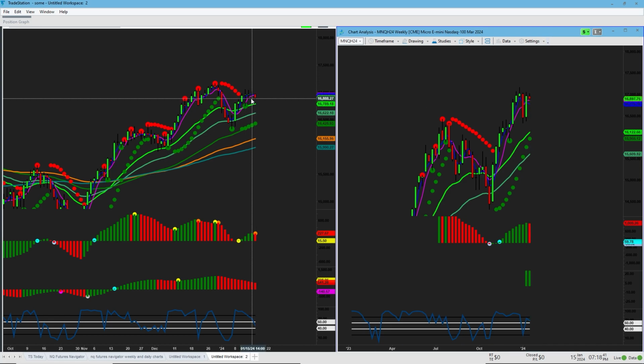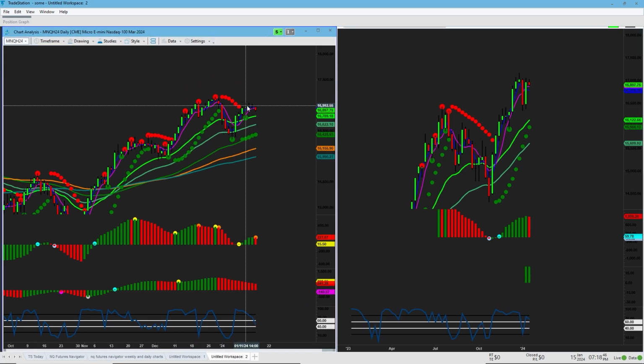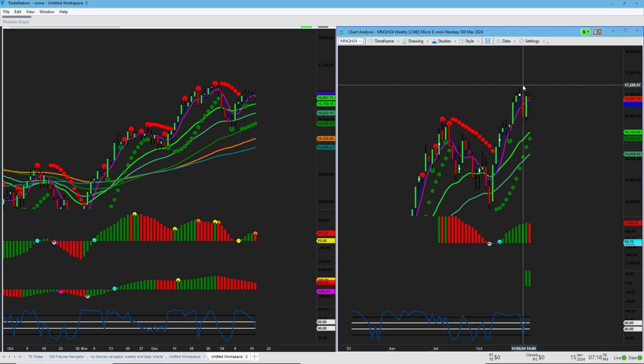And on the daily, that was on this candlestick right here, and as you can see, it was bouncing around the fast moving average at 16,966, which is about right over here.